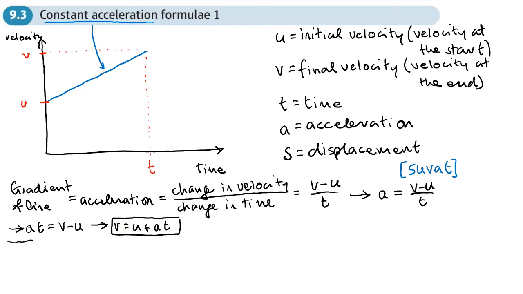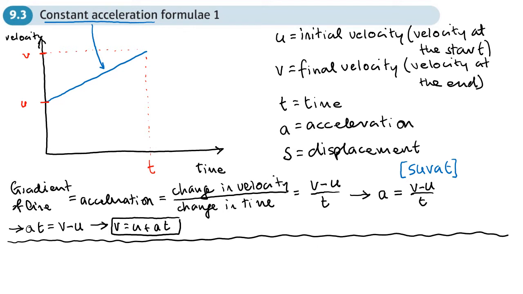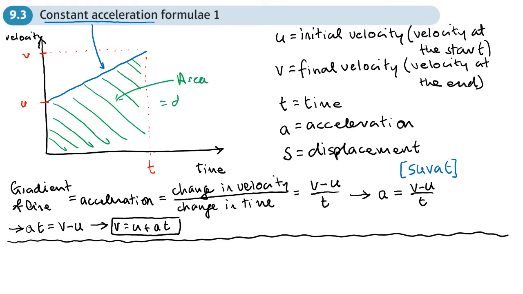Okay, right, what else do we know about that graph? Well, from before we said that the area under that graph, this area here, is going to be equal to the displacement. Okay, area equals displacement.